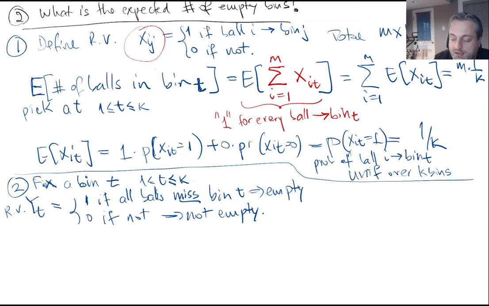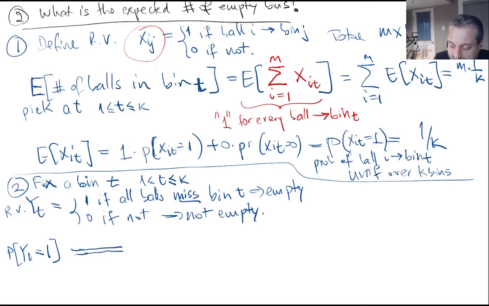So we want to calculate the probability of this yt equals 1. What is the probability that all those balls missed the bin t? Let me explain why.